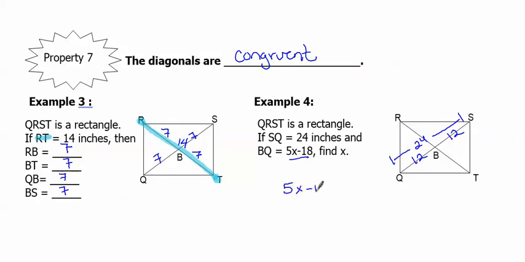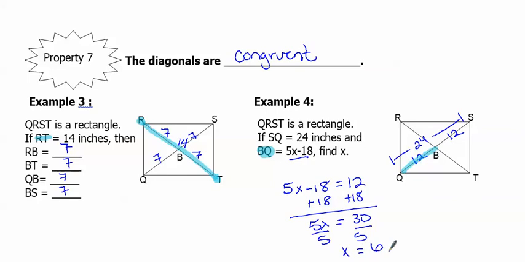So 5x minus 18 is the same as, and this is where it's going to come into play, BQ is 12. So 5x minus 18 is 12. I'm going to add 18 to both sides, divide by 5, and x equals 6.